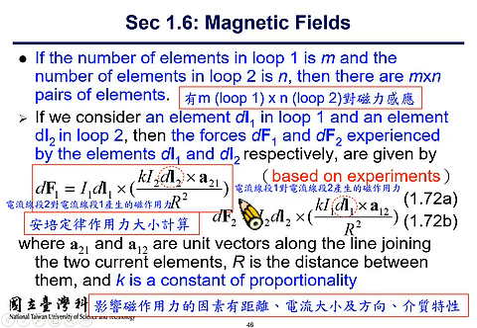So you can also write another equation, dF2 equals I2 dL2 cross K I1 dL1 cross A12 divided by R squared. What do you think? Will it be the same?